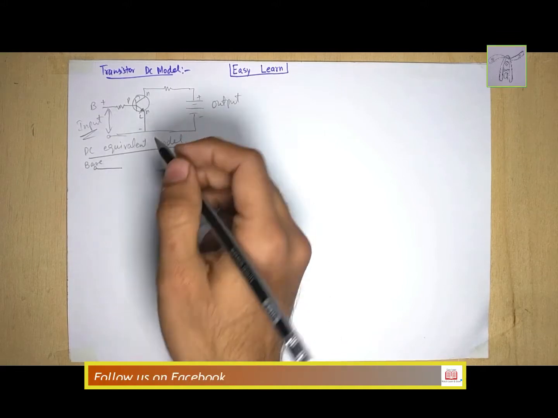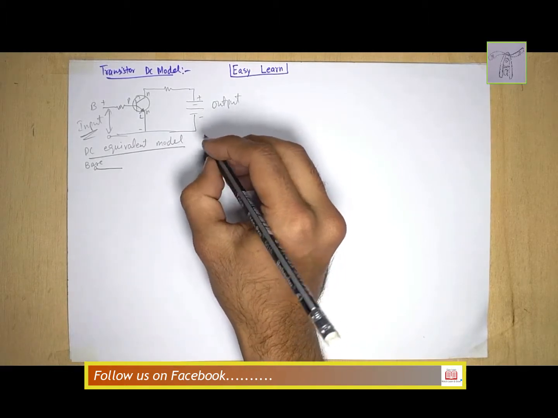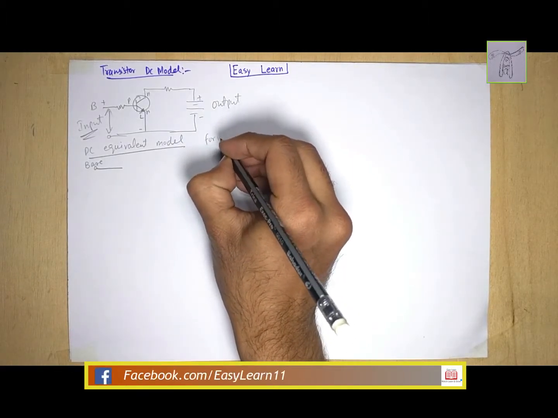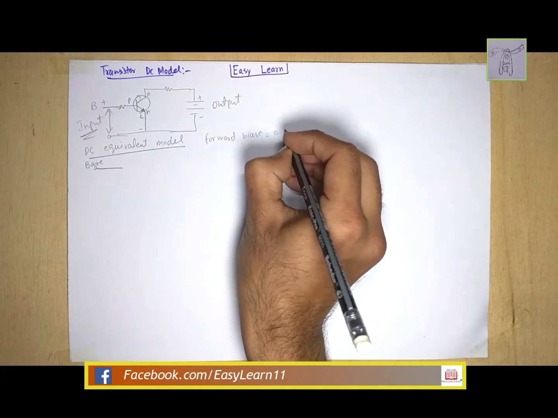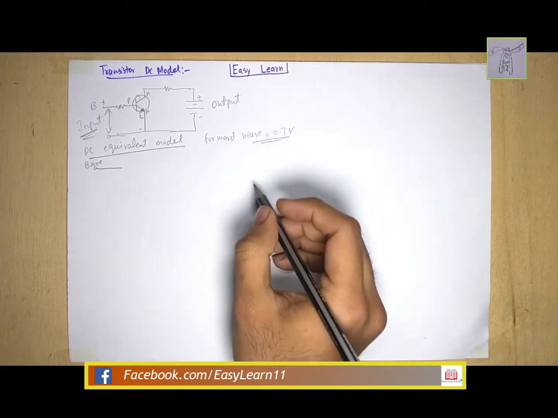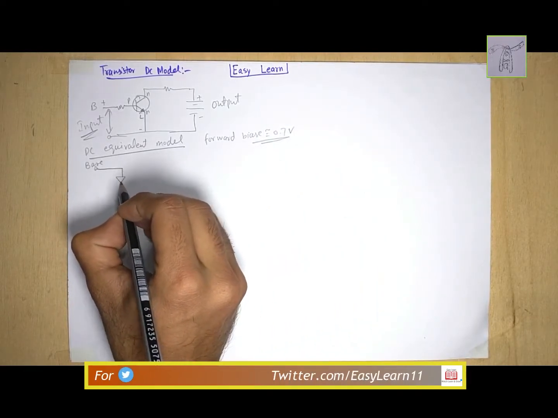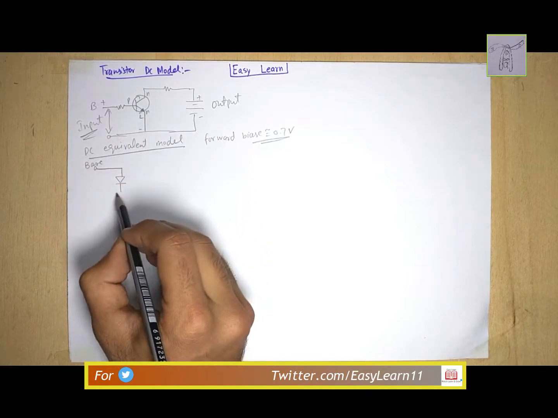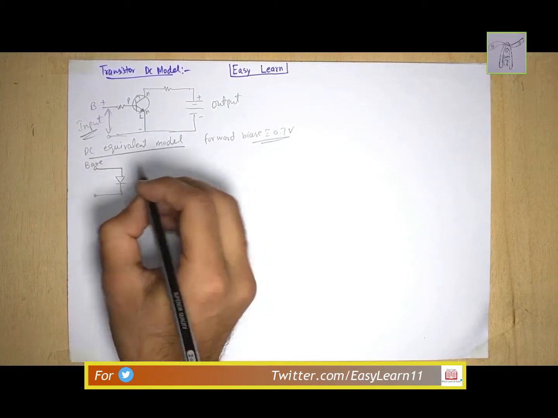So this behaves like a normal diode in forward bias. As you know, in forward bias there is approximately a 0.7 volt drop. All the parameters here are also the same, and this looks like a normal PN junction diode.